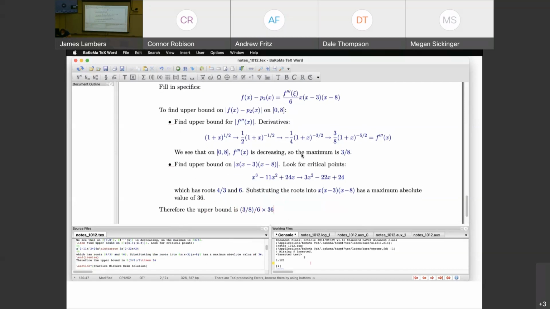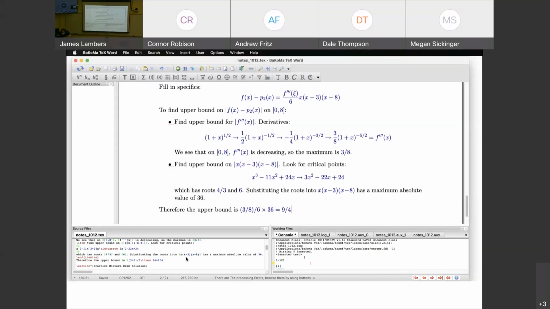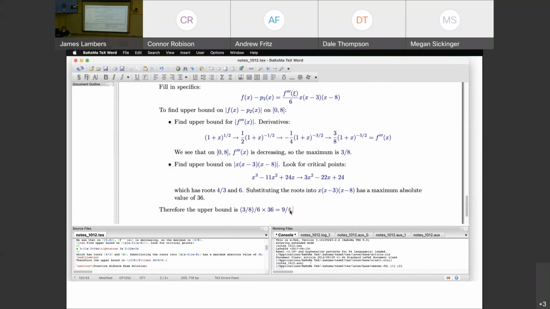So that's 6 times 3 over 8, so that's 9 fourths. All right, so that is how large the error can possibly get on the interval from 0 to 8, which is not that great.